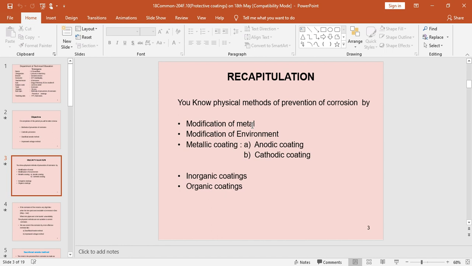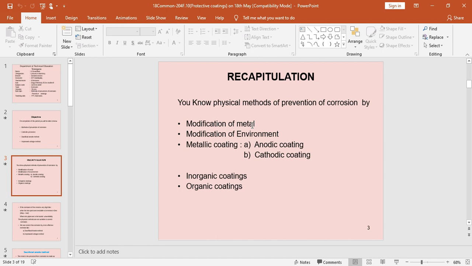We can control the corrosion by metallic coatings. Metallic coating means one metal coated over by another metal. Anodic coating means the base metal is coated by a more active metal. Example, zinc coated over iron is called galvanization.